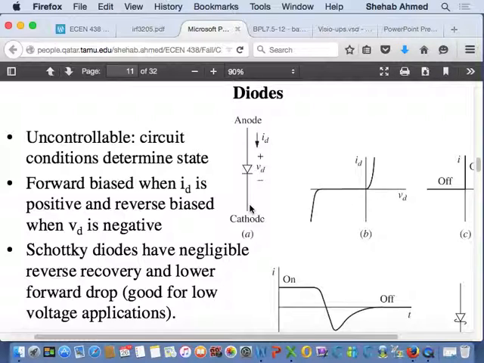If that circuit is not satisfying its turn on conditions, it will be off. The turn on condition is ID being positive and VD being positive. The diode will turn off if you apply negative VD. So forward biased when ID is positive and reverse biased when VD is negative. So if you put VD negative across the diode, it will turn off.